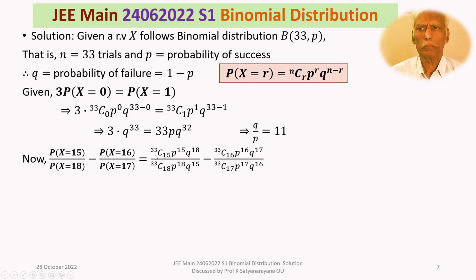Now we see 33C15 is equal to 33C18. Why? nCr is equal to nC(n minus r) is the formula, and thereby these two will cancel. Similarly 33C16 is equal to 33C17, cancellation takes place, and P power 15 by P power 18 is 1 by P cube, so P cube will be in the denominator.